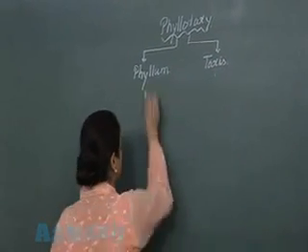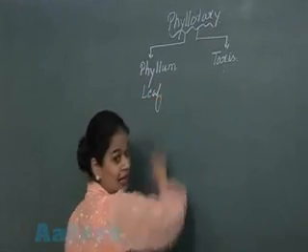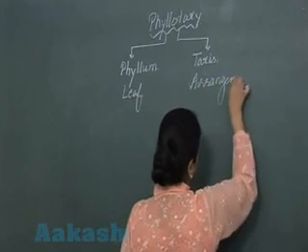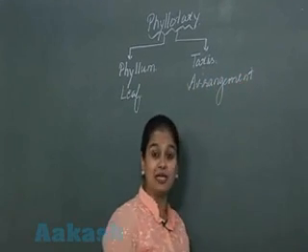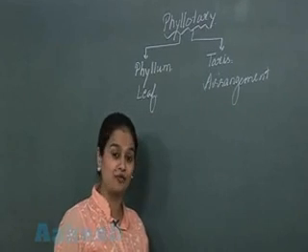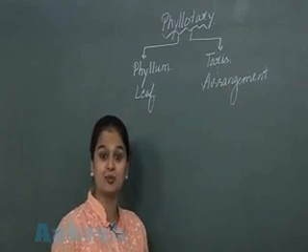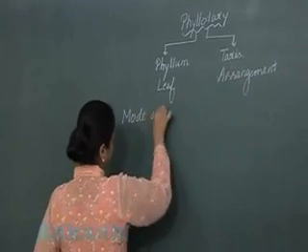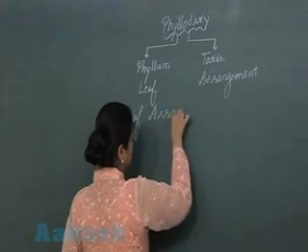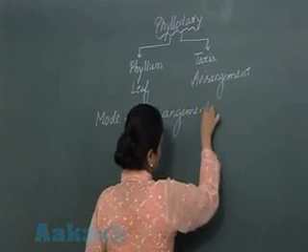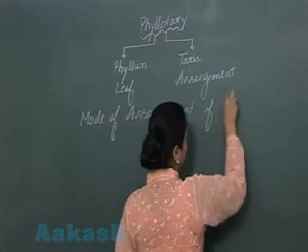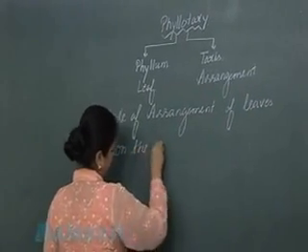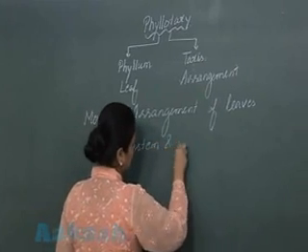Now phyllon means leaf and taxis means arrangement. So it means the phyllotaxy is the mode of arrangement of leaves on the stem and its branches. So write this definition. It is the mode of arrangement, pattern of arrangement of leaves on the stem and its branches.